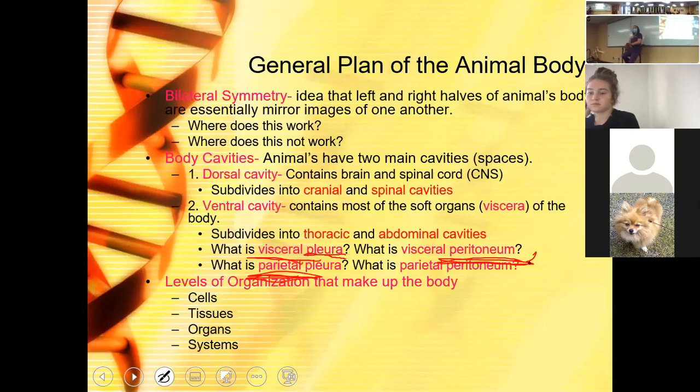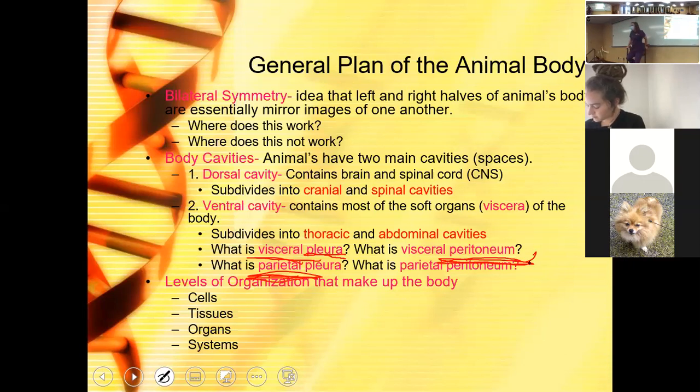But I also, just like in the chest, have to have a membrane on the organ and a membrane on the inside of the cavity wall. So the exact same words are used. If it's something on the organ, we use viscera. If it's on the cavity, we use parietal.